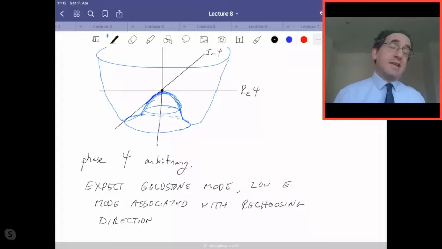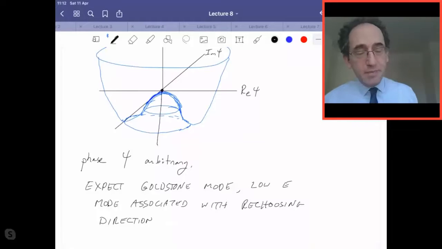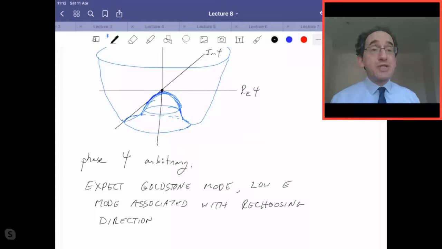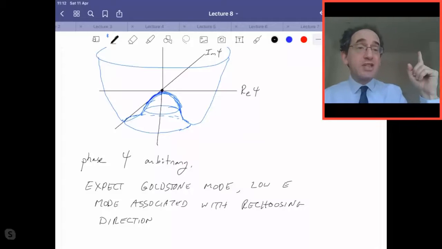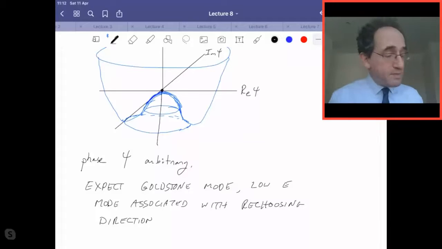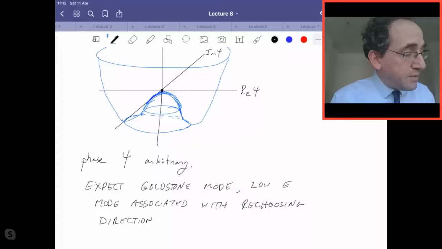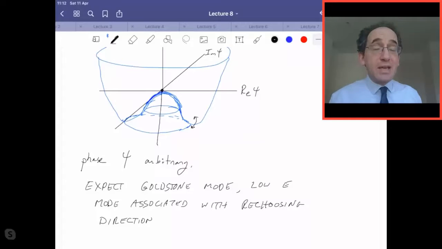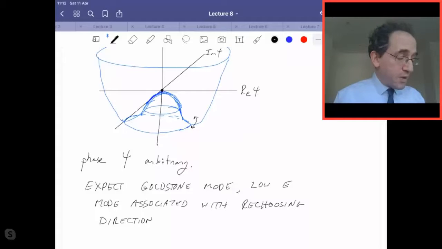Let's arbitrarily say that they point up, but there will be a low energy mode, a spin wave mode, which comes down to zero energy, associated with changing that choice of direction from up to slightly off up, so it can wiggle in its direction, and that's a low energy spin wave. Similarly here, there should be a mode associated with changing the complex phase of this order parameter, re-choosing this direction where we've broken the symmetry.